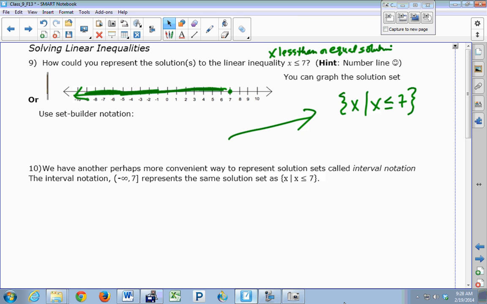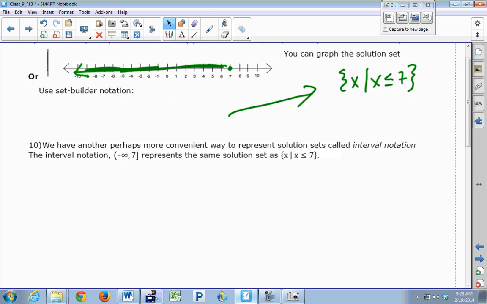Now, we can't be using number lines every time we want to represent a solution set. And most of you have already shown me that you don't particularly like set builder notation. On the first quiz, I saw that. So the good news is we've got another way to write these sets that are infinite. These sets have infinite solutions, and it's called interval notation.